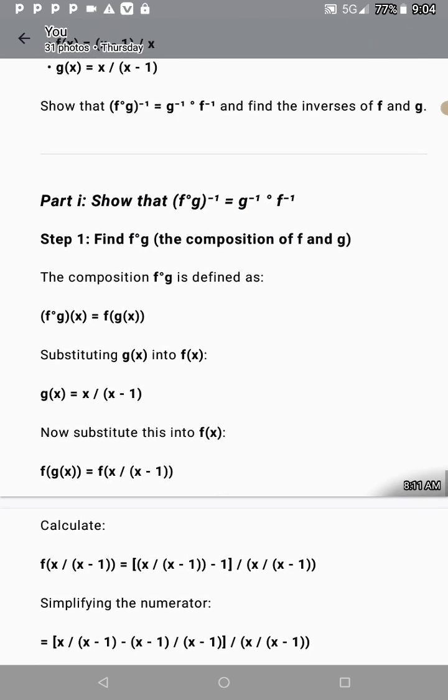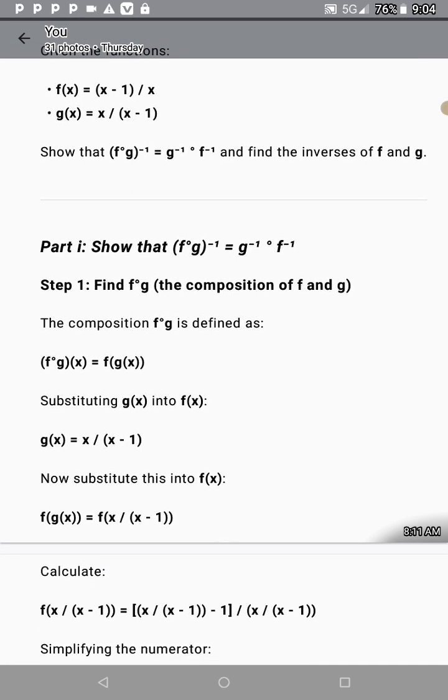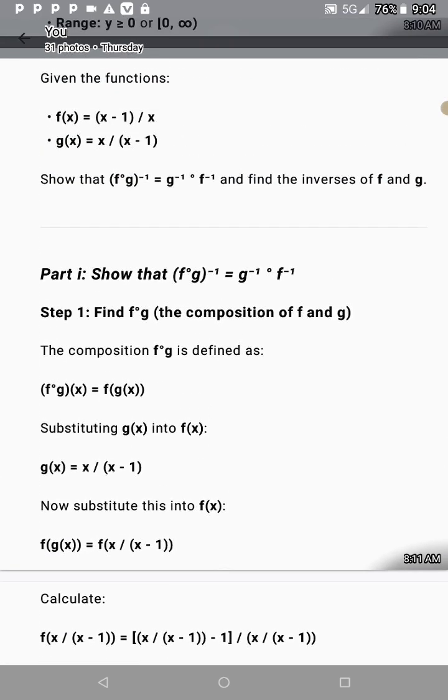What is the definition of f of x? We said that f of x is x minus 1 all over x. So whenever you see x in f of x, you substitute the whole of g of x into it. So instead of x minus 1 over x, it will now be, what is g of x? That will be x over x minus 1 minus 1, all in bracket, divided by x over x minus 1.